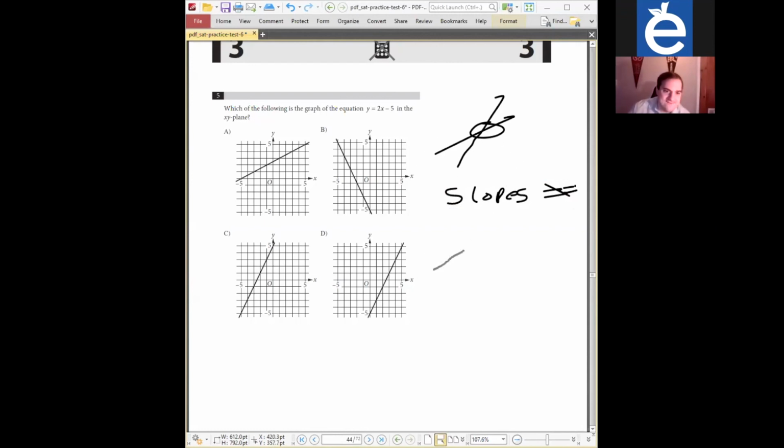Then you have no solutions. No solutions is when the slopes are the same, but you have a different intercept.